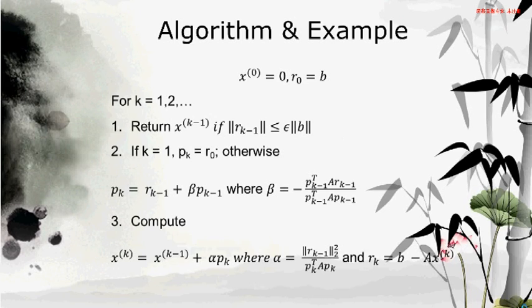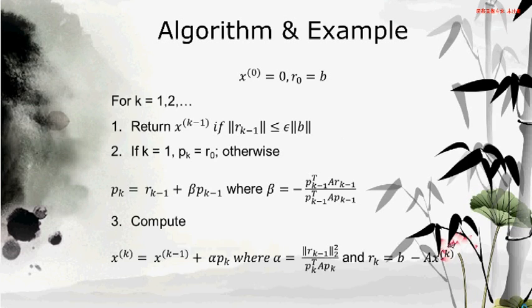And from these two initial values, you can get another initial value p0, which in this algorithm is p1 equals r0, because in Matlab you couldn't have p0. You can just start with p1.